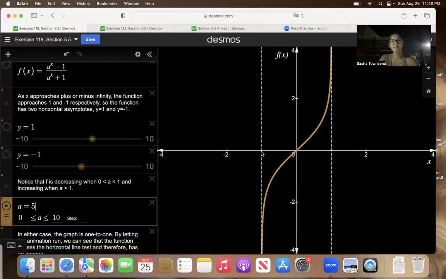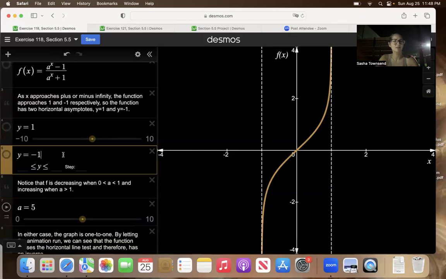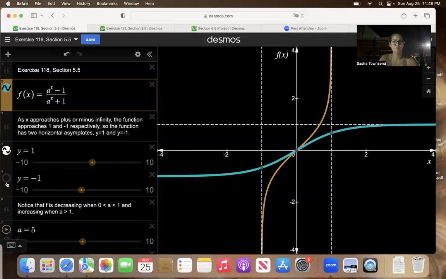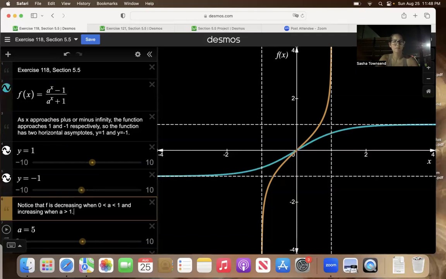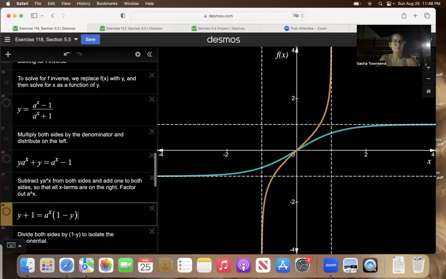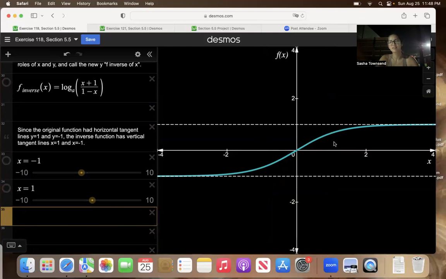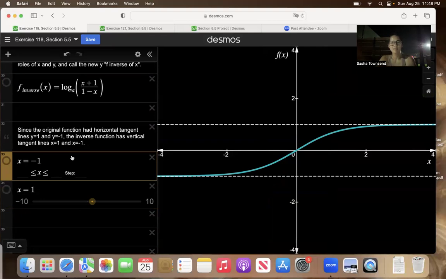Now, instead of decreasing, the function increases, or the inverse function increases. And that's what the original function looks like. So there's our original function. It's increasing on its domain, therefore it's 1 to 1. And since it's 1 to 1, it has an inverse.